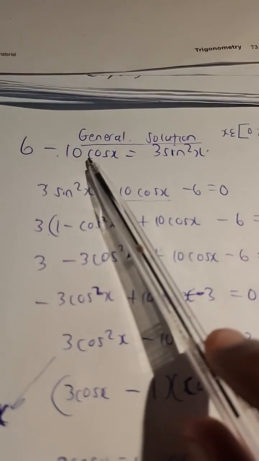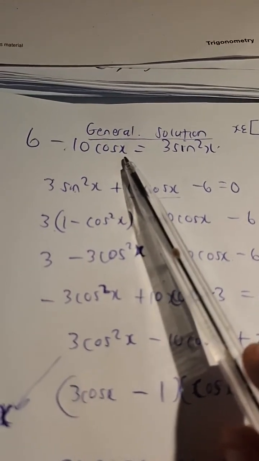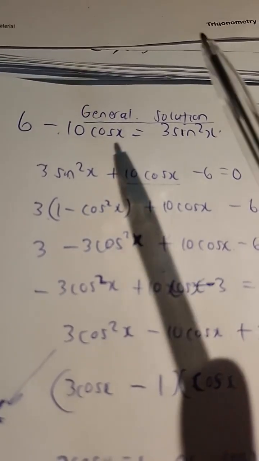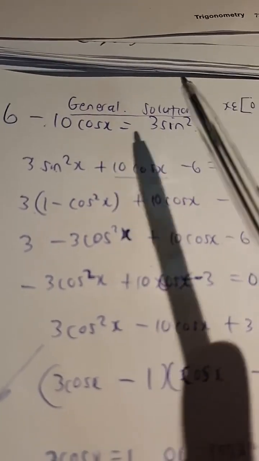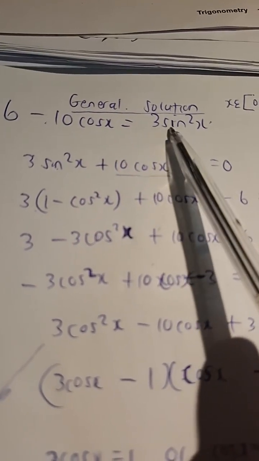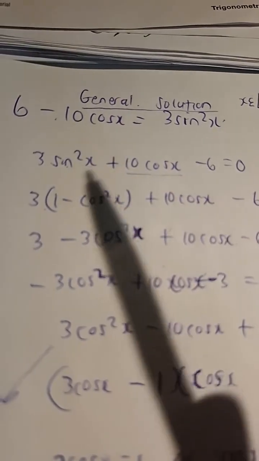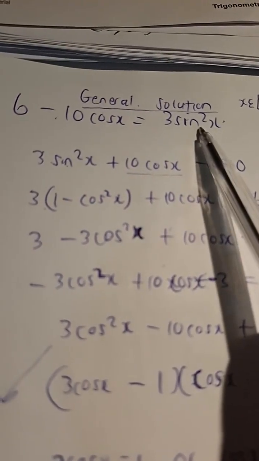So there it is, 6 minus 10 cos x. Yes, Busisiwe, 180 is only for tan, because one complete cycle of the tan graph can be completed in 180 degrees. And that is the critical thing there, all right?